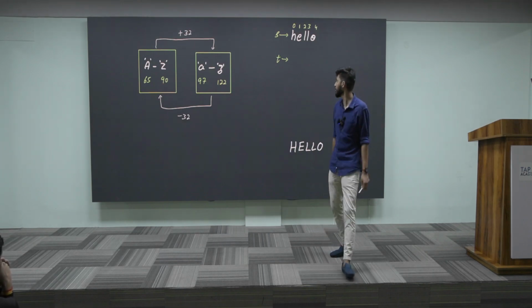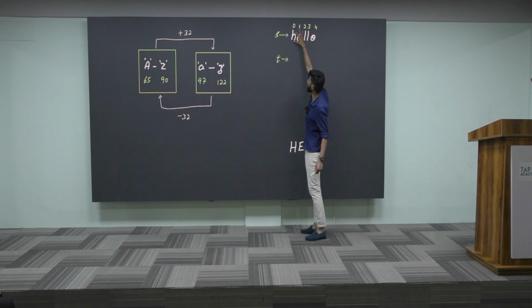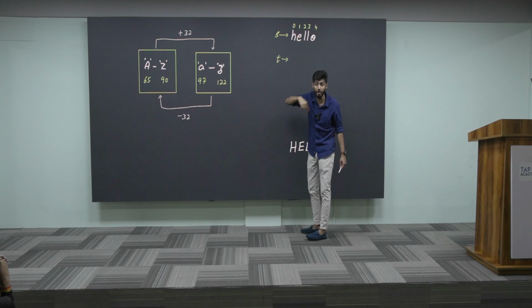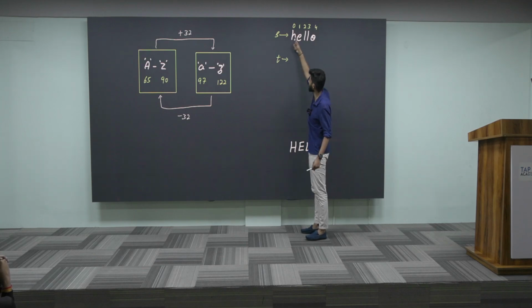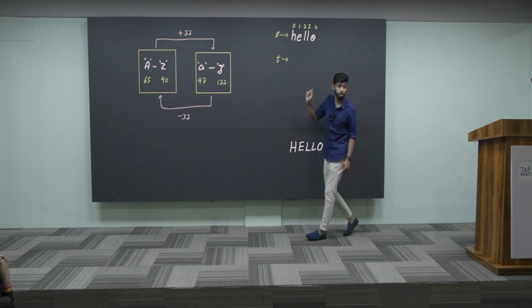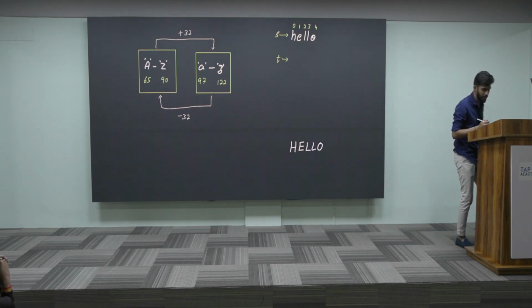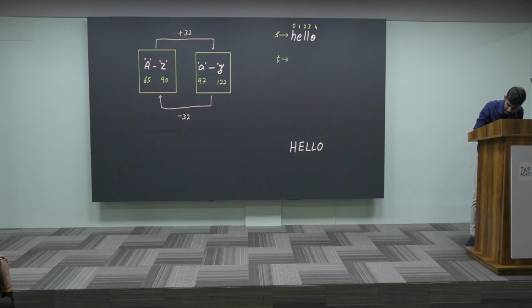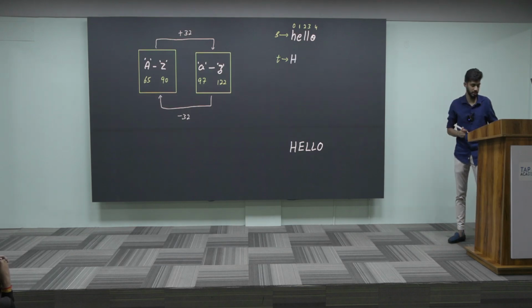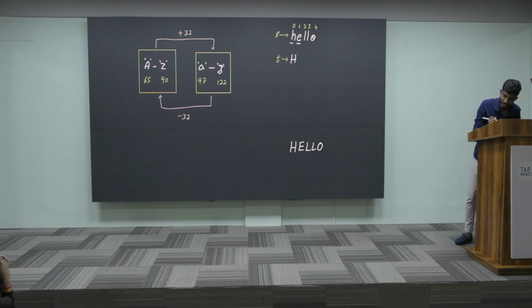So now, this h whatever I have, if I do minus 32 to it, it will become what? Uppercase H. Once it becomes uppercase H, can I concatenate to t or not? Yes. You already know how to concatenate, but before concatenation, we just have to do minus 32. It will become uppercase H. We are done with this. We will go to the next character.